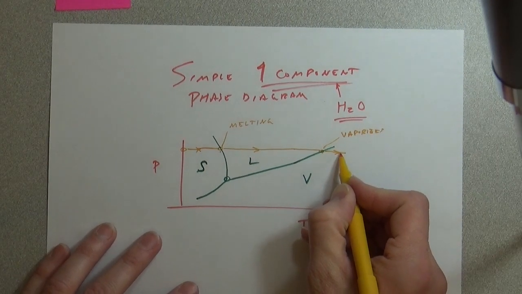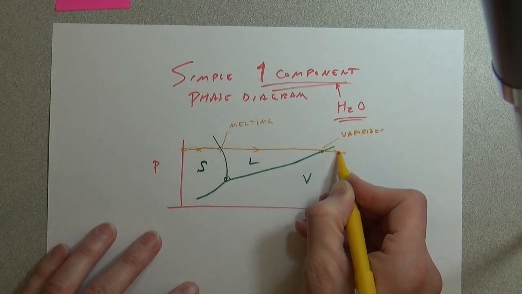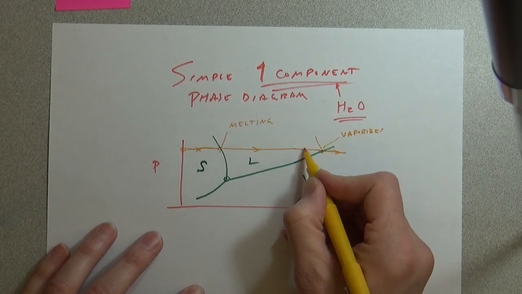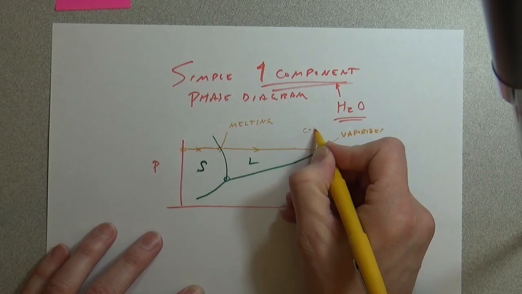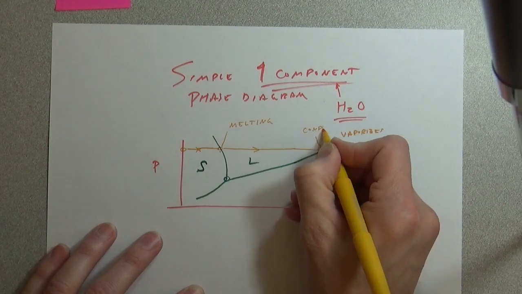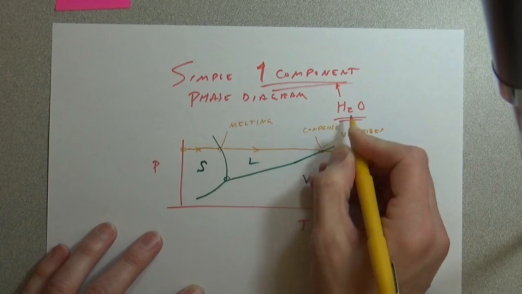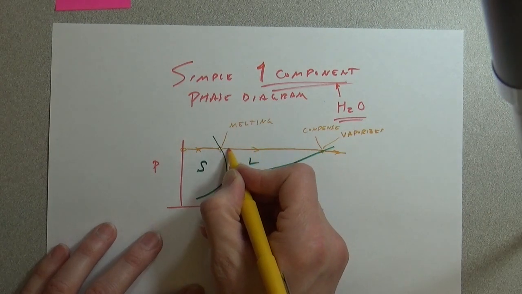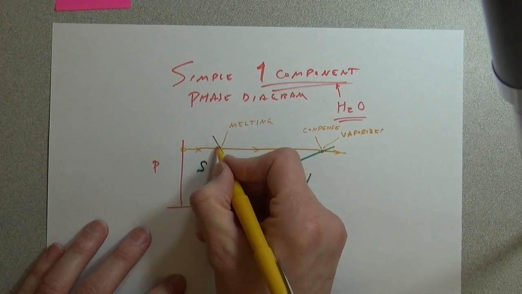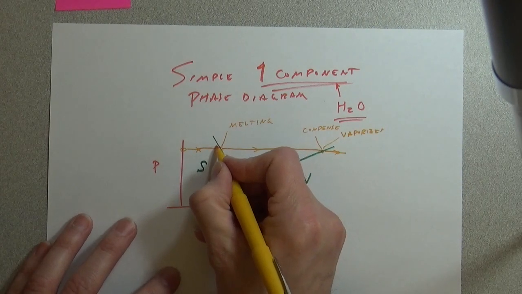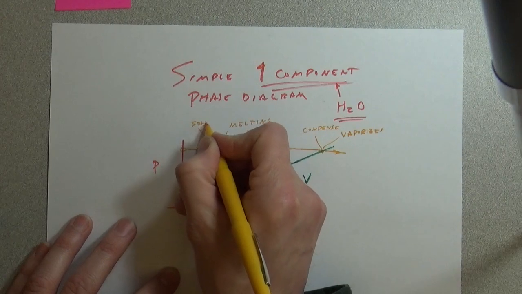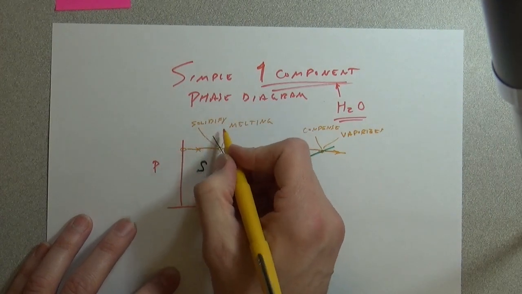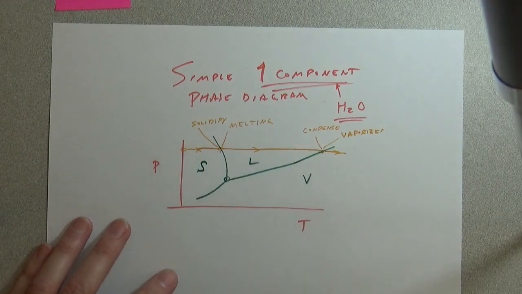And conversely, we start out as a vapor, and we come here. At this point, it condenses from vapor into liquid. And then continuing back, it's liquid, liquid, liquid. Some point here, it freezes or solidifies. And now it's a solid.